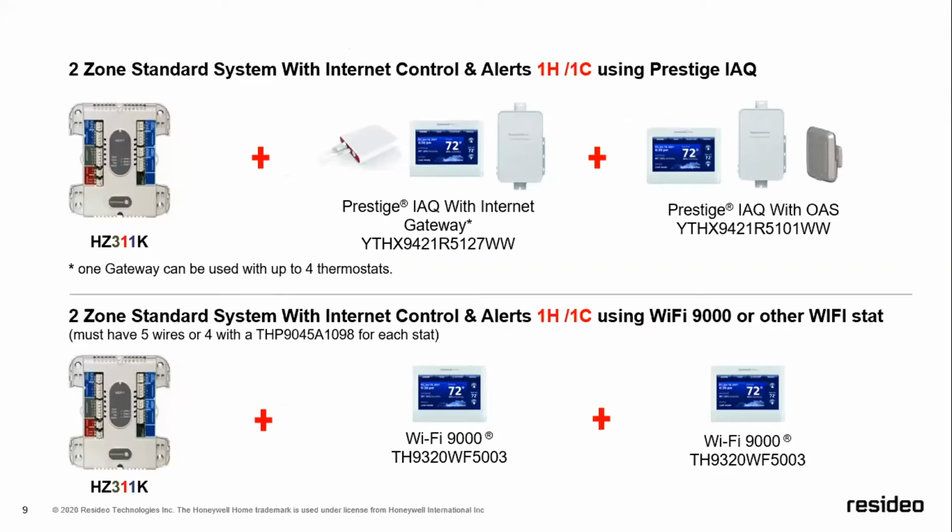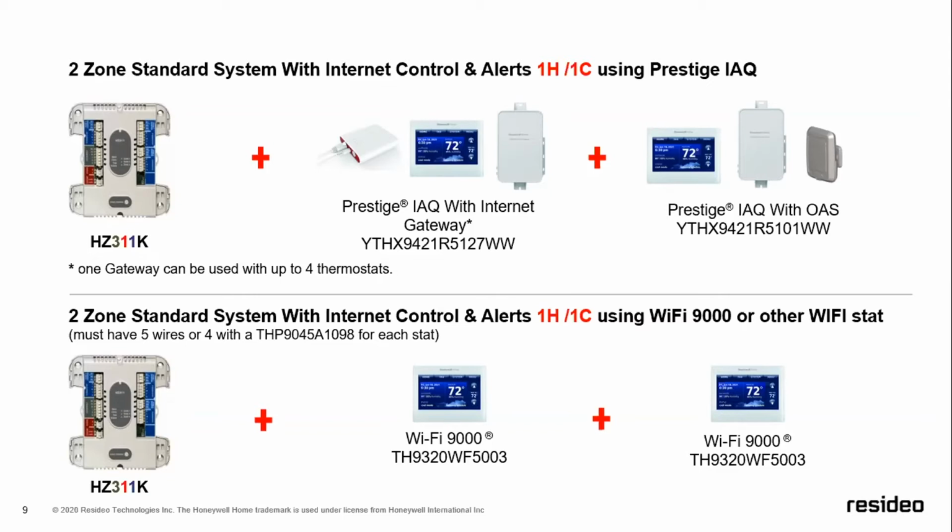Okay, so here's what I want you to understand when you glance at this particular slide. The zone board that we're showing here is our 311, and it does not have the ABCD terminals for the wireless adapter.